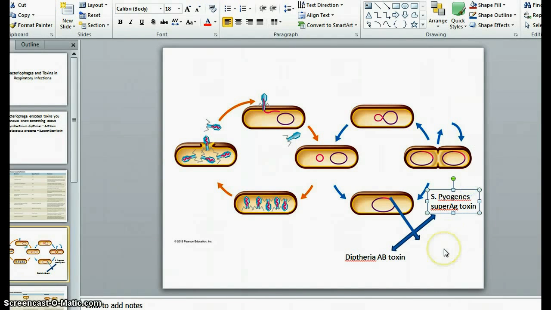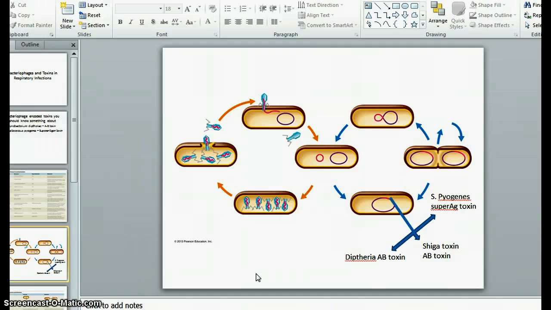And interestingly, this is a common and interesting thread. When we get to digestive diseases, which we're going to talk about next, another example of these is Shiga toxin. Shiga toxin is an AB toxin. Shiga, fun to say, not fun to have.